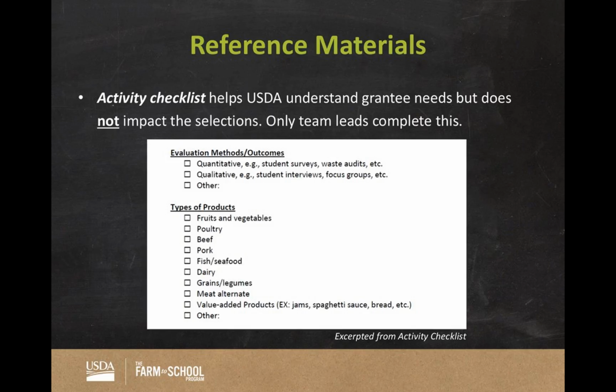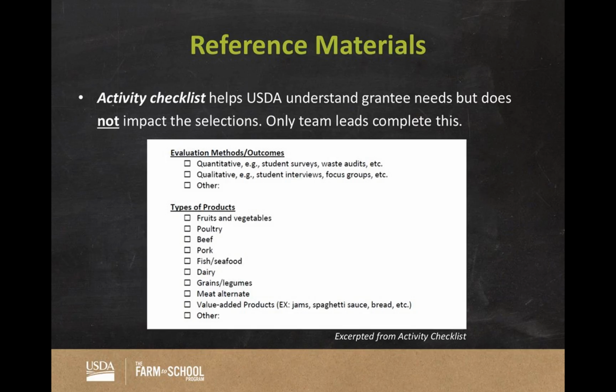So the activity checklist, I just wanted to highlight for reviewers, but you all do not have to fill out this particular form. This form is only to be filled out by the team leads, but you may see it among the materials that will be available on PartnerWeb, so you can disregard.